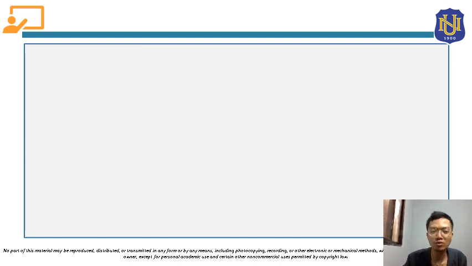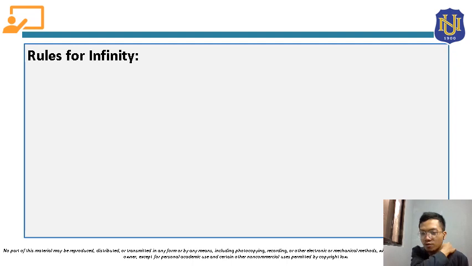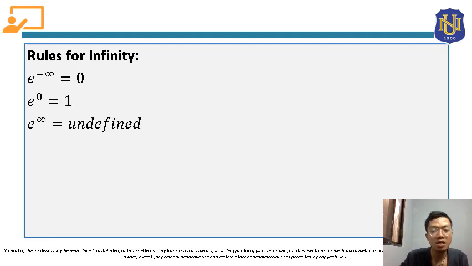We will also use some rules for infinity in solving for Laplace transform. So let us recall some rules for infinity. The first one is this: e raised to negative infinity is equal to 0. You have to remember this.